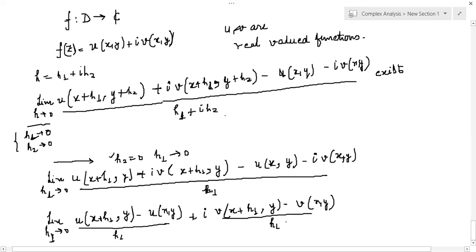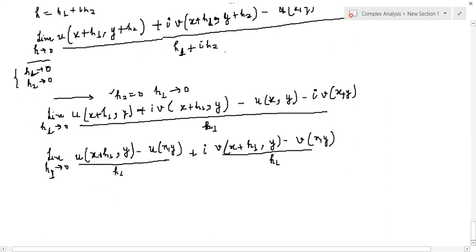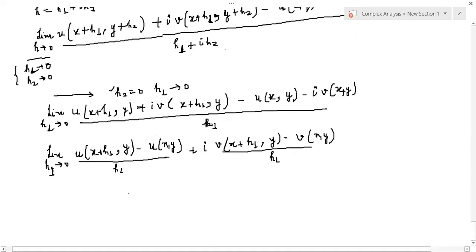So if the function is differentiable, then this limit should exist. And what is this limit equal to? This is equal to the partial derivative of u with respect to x plus iota times the partial derivative of v with respect to x.